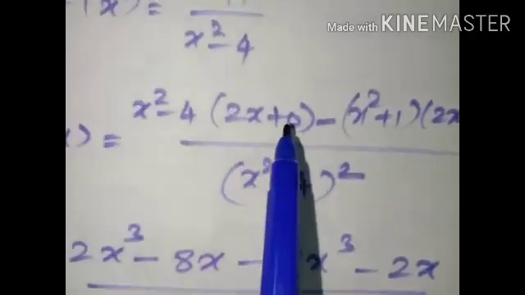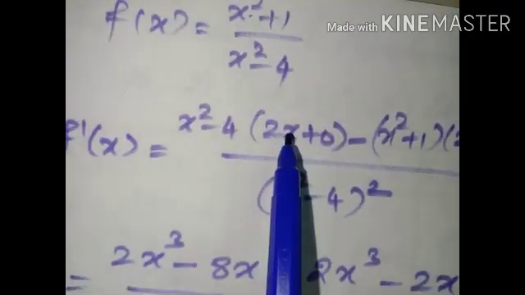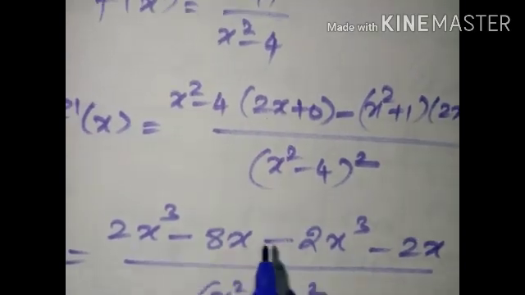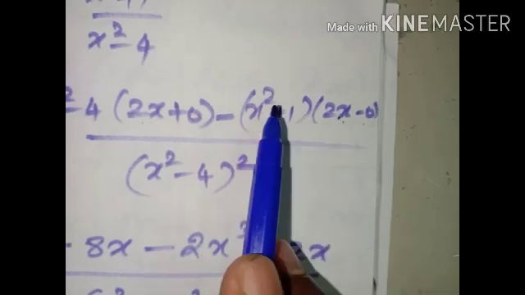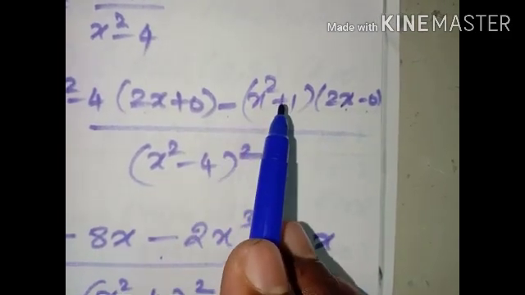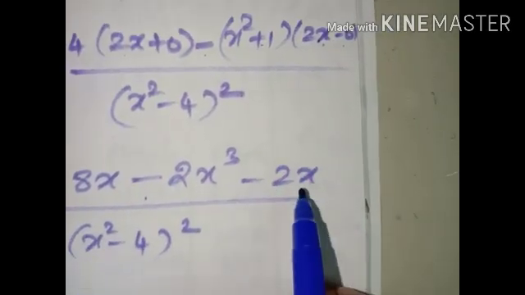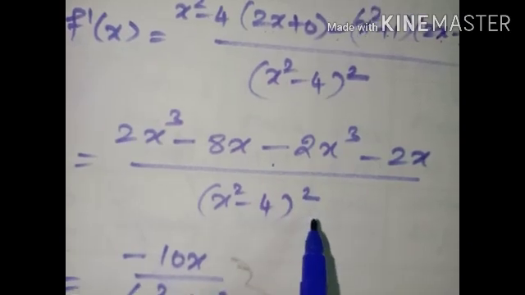Multiplying, 2x into x square is 2x cube, 2x into minus 4 is minus 8x, then minus 2x cube minus 2x, divided by x square minus 4 whole square.